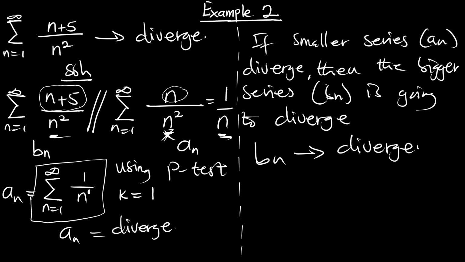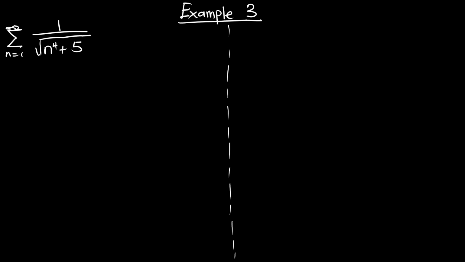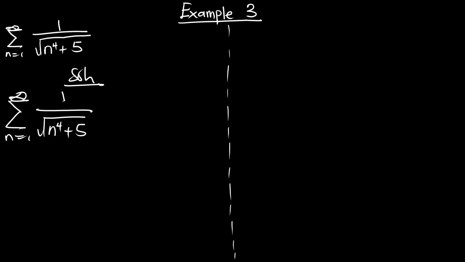So now let's look at the third example. Alright, so now we have this summation from 1 to infinity of this series given. So straight away we will write down our series, which is the summation from n is equal to 1 to infinity of 1 on the square root of n to the power 4 plus 5.